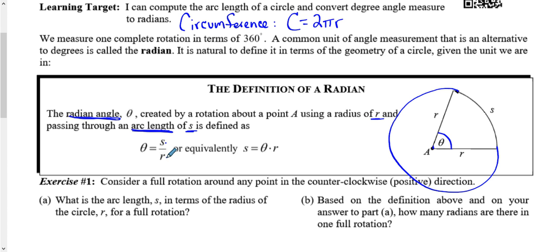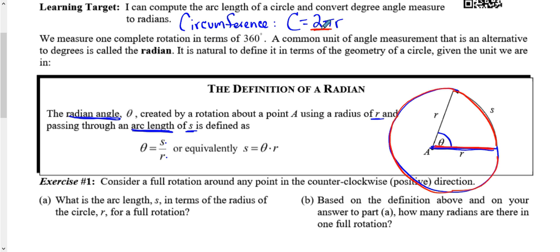Circumference equals 2 pi r, right? If I was to take this radius length and lay it out around the circle, around that circumference, how many of them would fit? 2 pi of them.